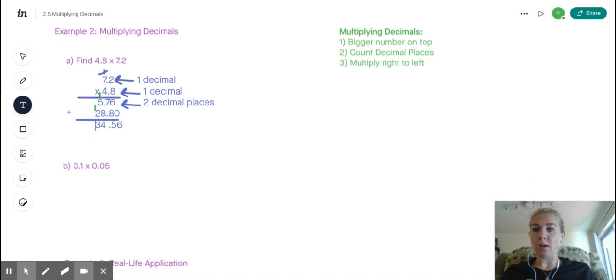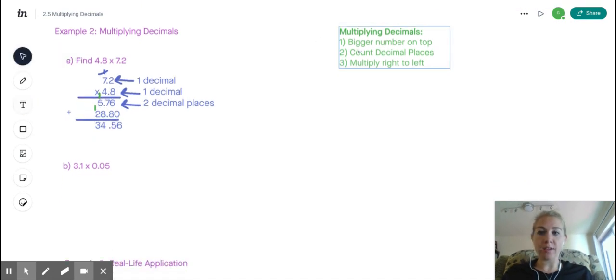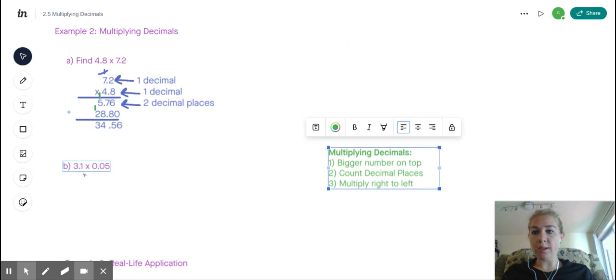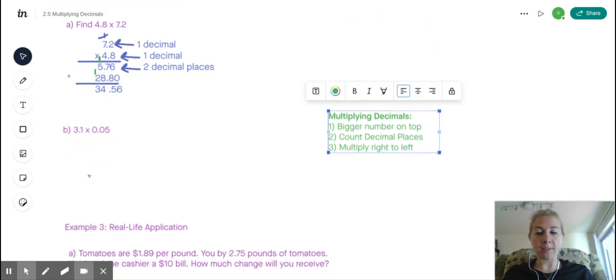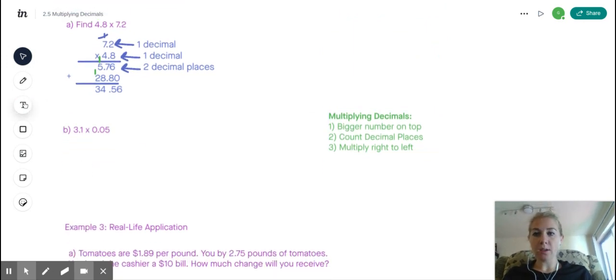All right, I encourage you to pause the video and see if you can solve 3.1 times 0.05 on your own. All right, let's go ahead and go through this one together. Step 1 says the bigger number goes on top, which is 3.1, times 0.05.